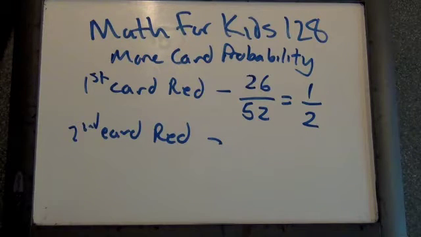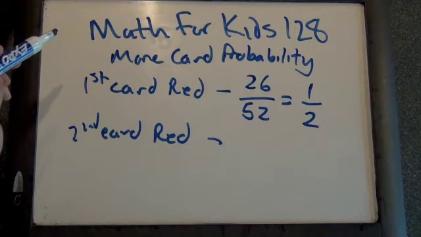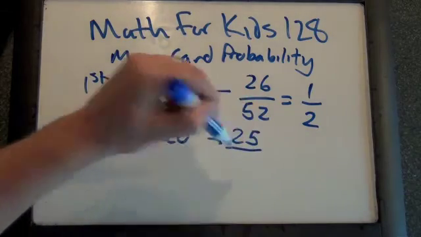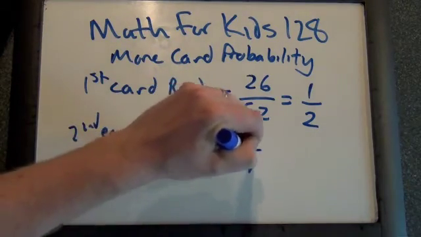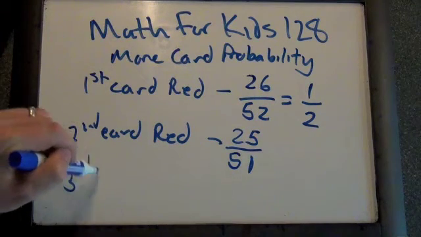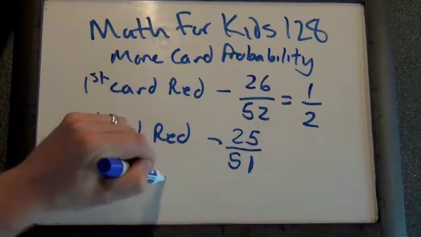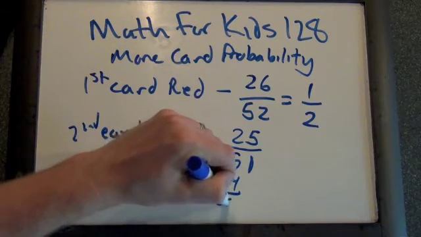Because there's one less red card. So how many red cards are there? 25. And how many total cards are there? 51. And what's the probability that the third card is going to be red? 24 out of 50.